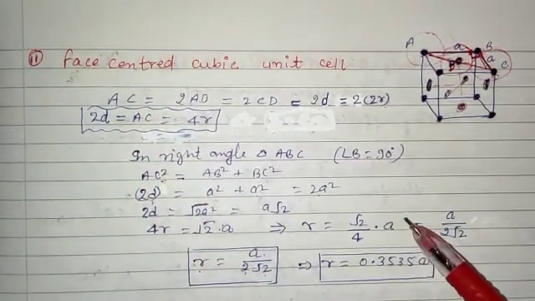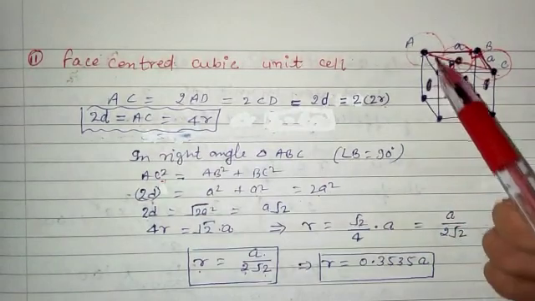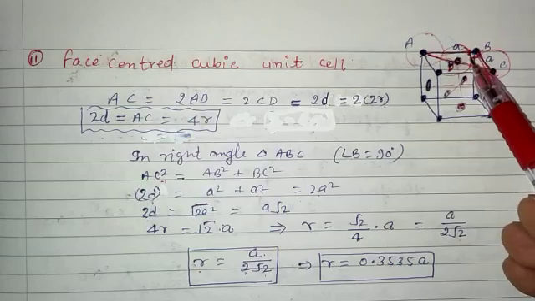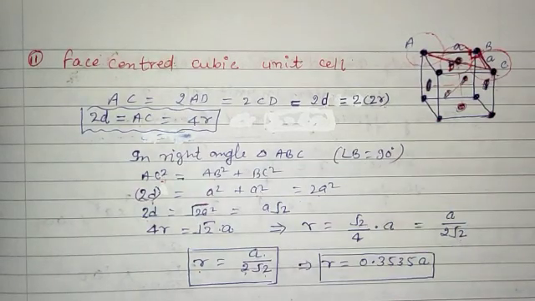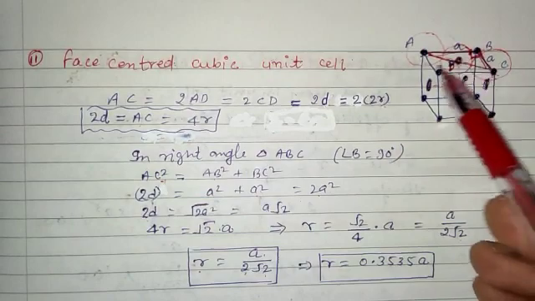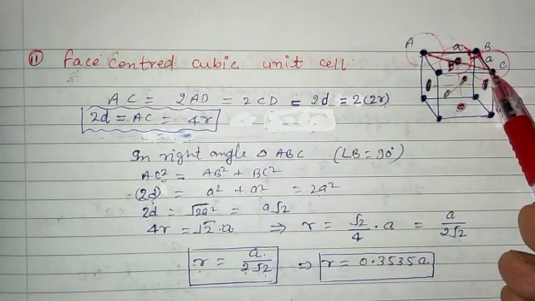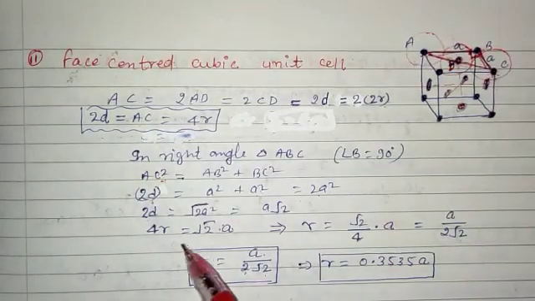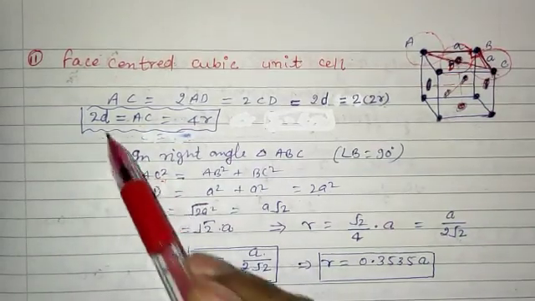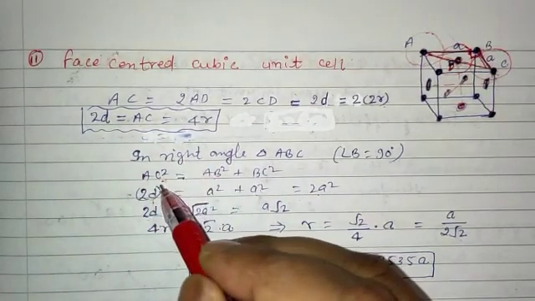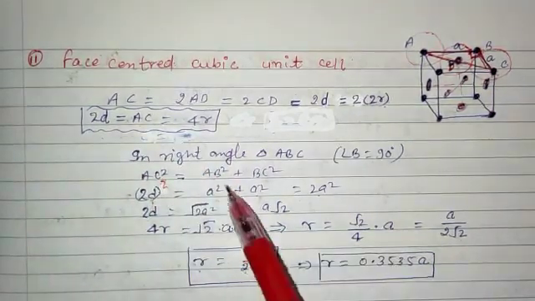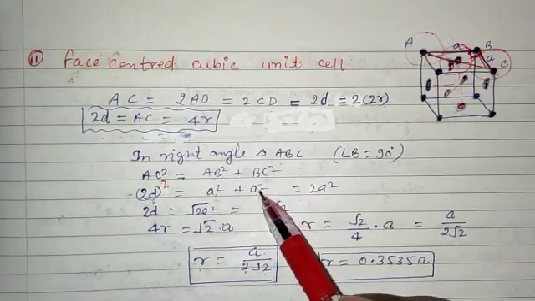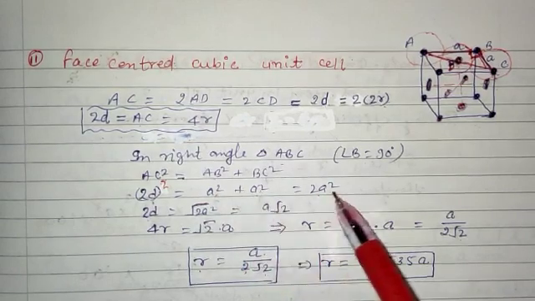In right angle triangle ABC, in ABC angle B is 90 degree. Okay, so according to Pythagoras theorem, AC square equal AB square plus BC square. Okay, you know AC equal to 4r, and AB square means a square, side square, BC square means a square, side square. a square plus a square, 2a square.